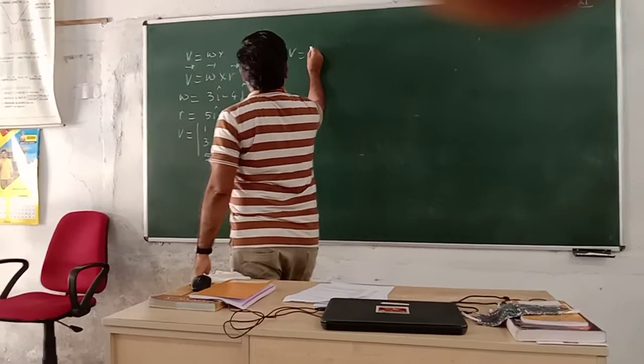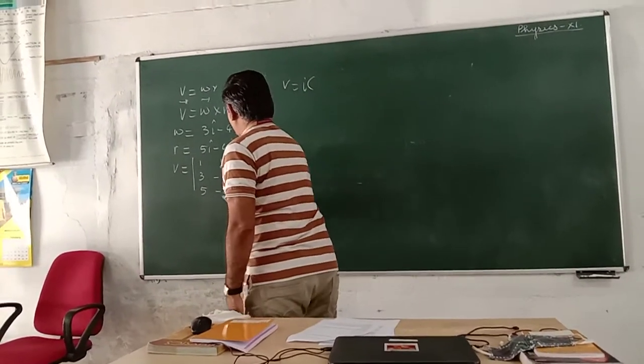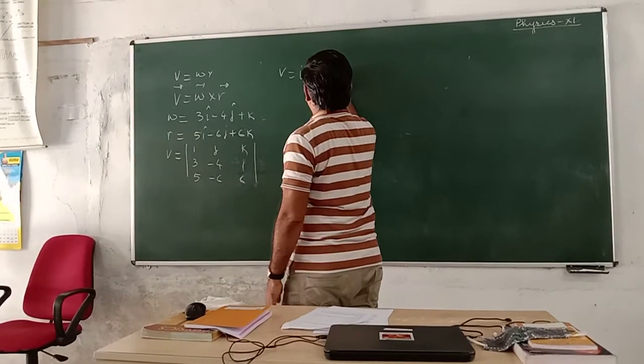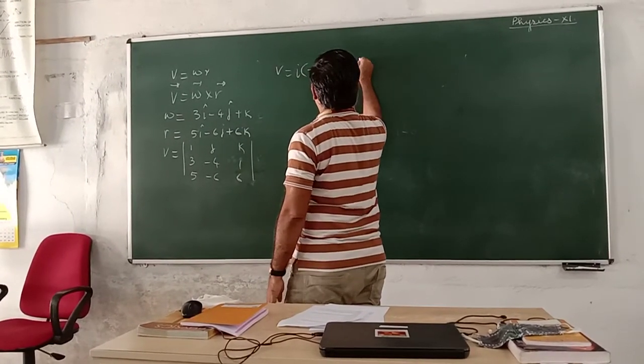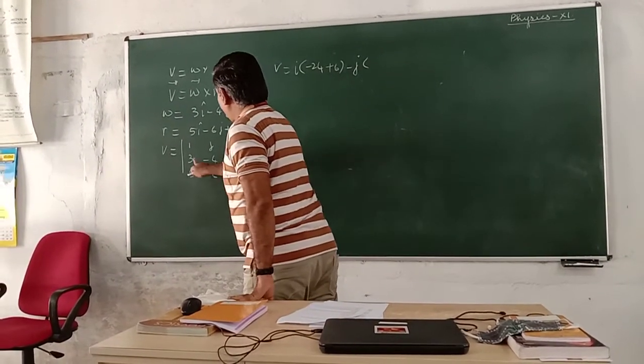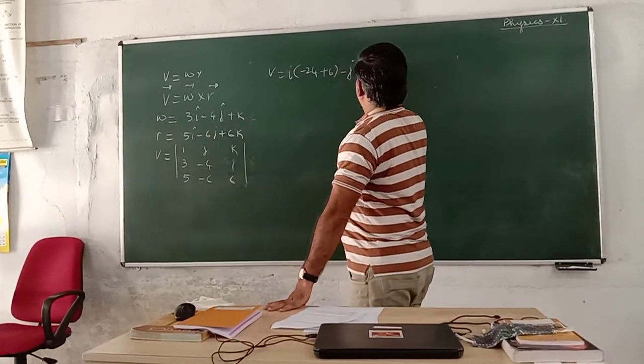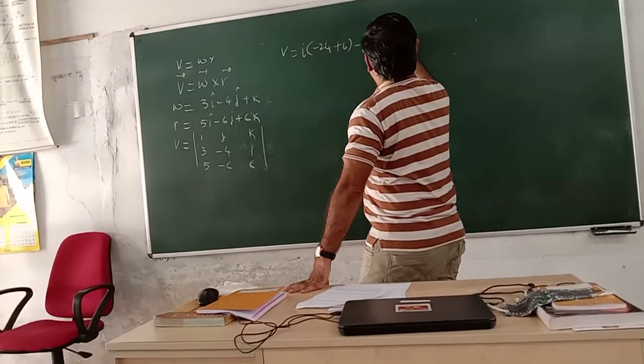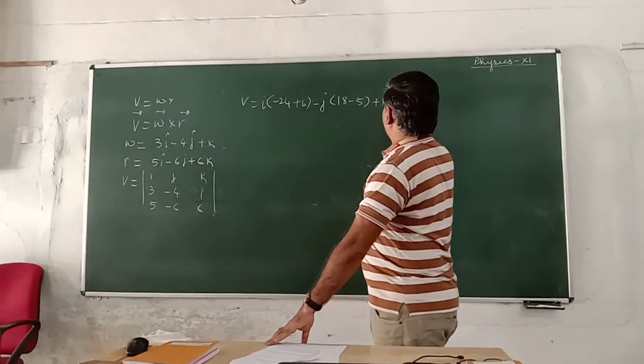Therefore V is equal to i into minus 24 minus 6 plus 6. Middle sign is minus. Minus 18, plus 18 minus 5, plus k.